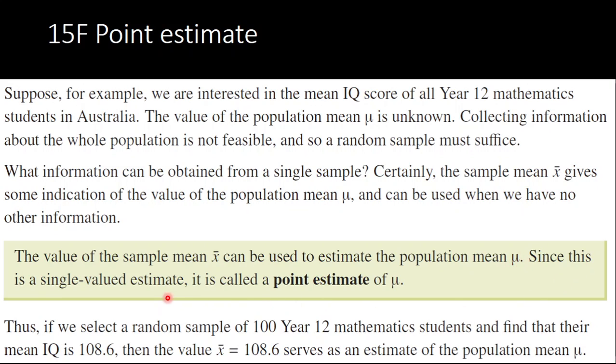Since this is a single value estimate, it's called a point estimate of mu. So here we select a random sample of 100 year 12 math students, find that their mean IQ is 108.6, so that sample mean can be an estimate of the population mean mu.